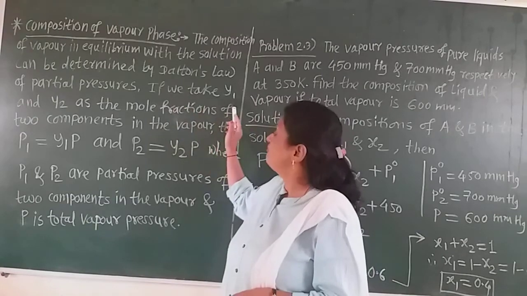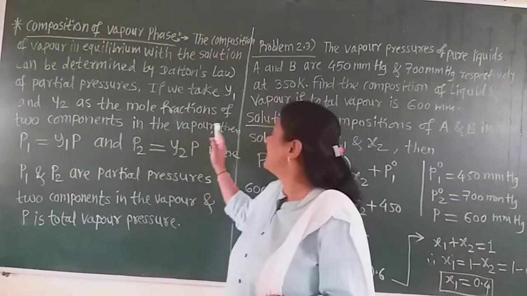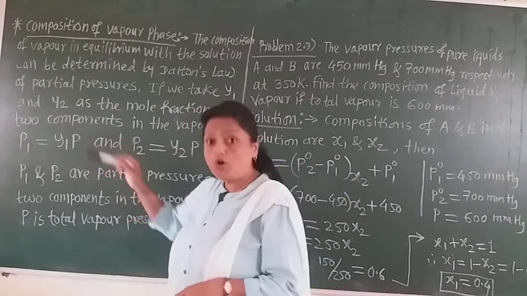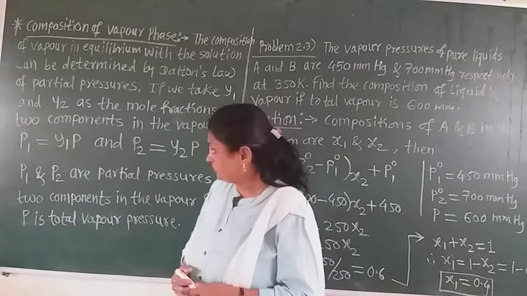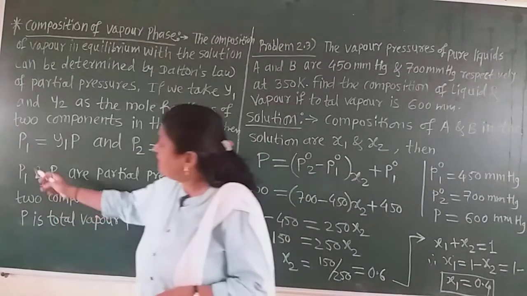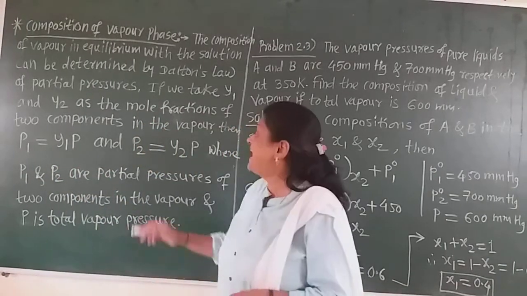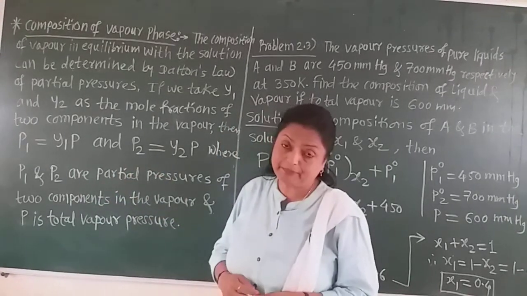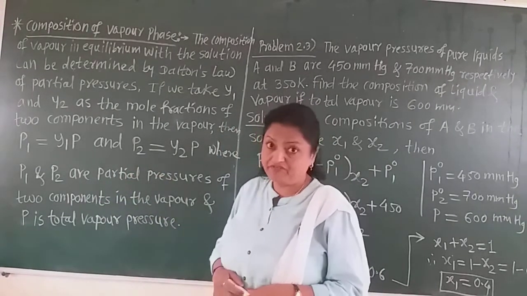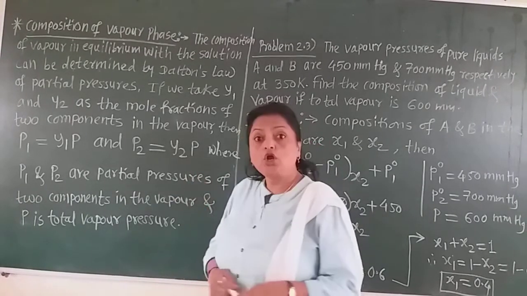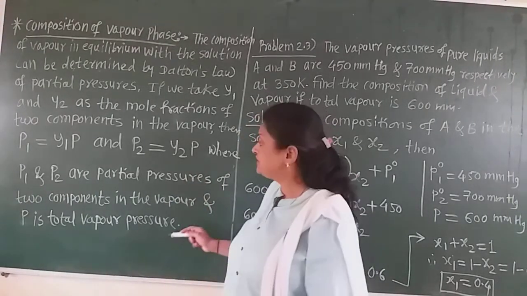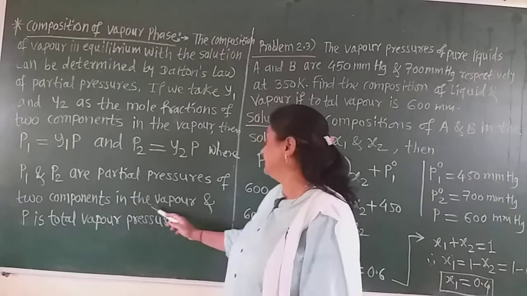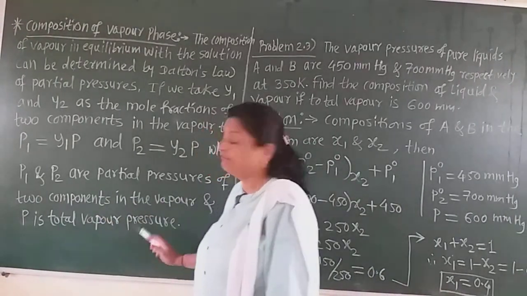Now if we take Y1 and Y2 as the mole fractions of the two components in the vapor phase, then Raoult's law becomes P1 is equal to Y1 P and P2 is equal to Y2 P. Here P1 and P2 are the partial vapor pressures of the two components in the vapor phase, and P is the total vapor pressure.